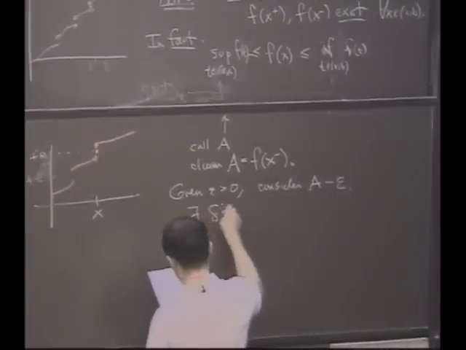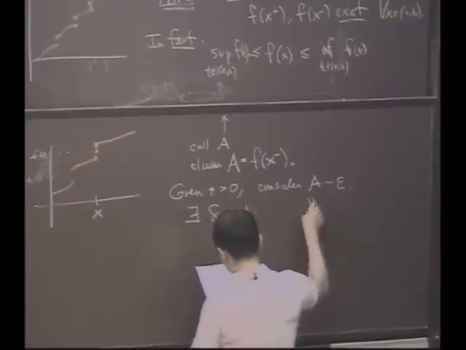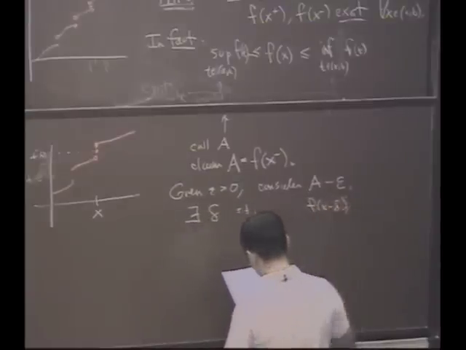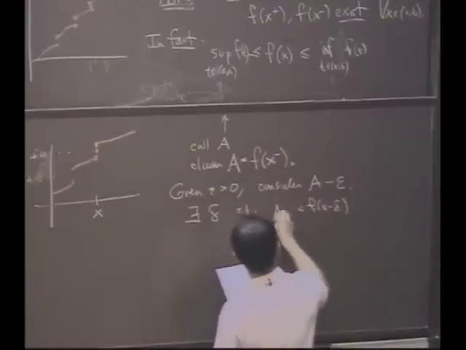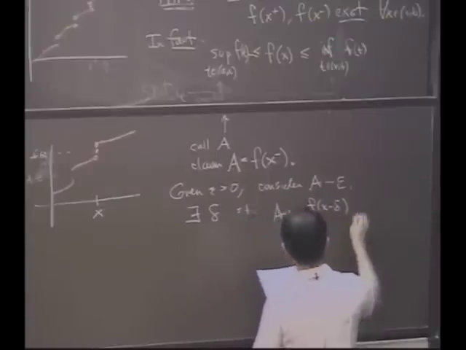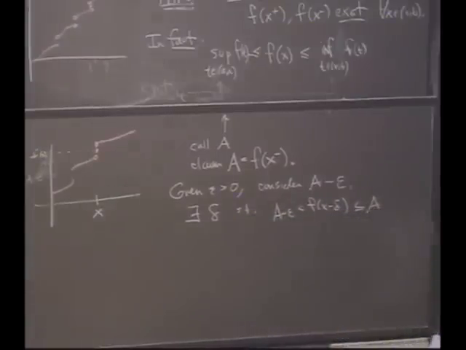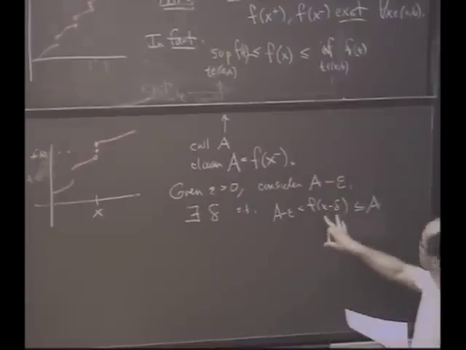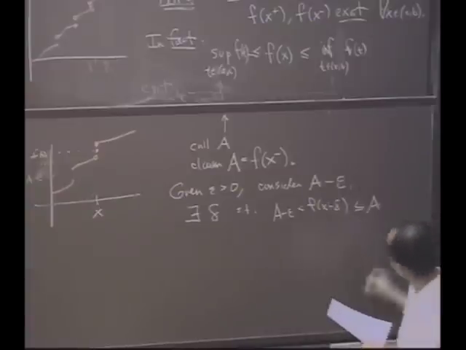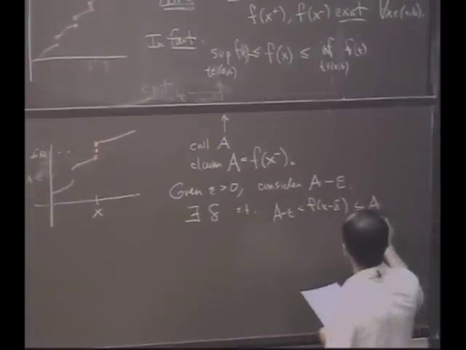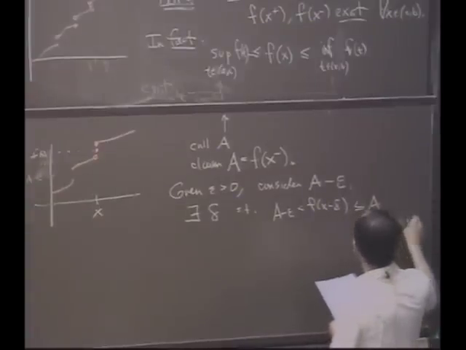So there exists a delta such that f of x minus delta is bigger than A minus epsilon and less than or equal to A, by the definition of supremum, since A is a sup.